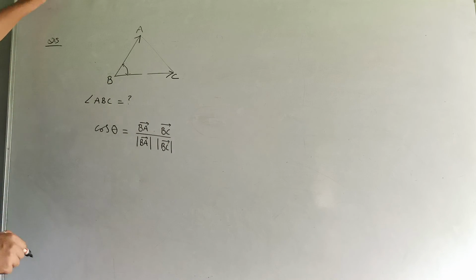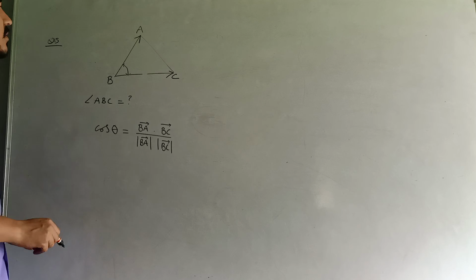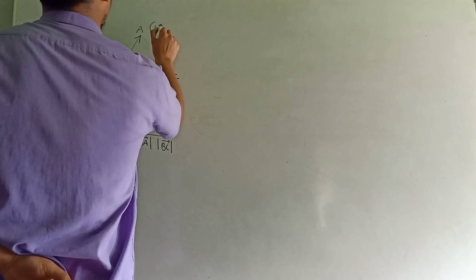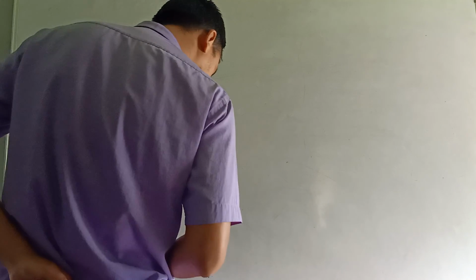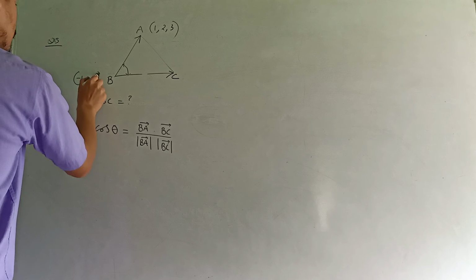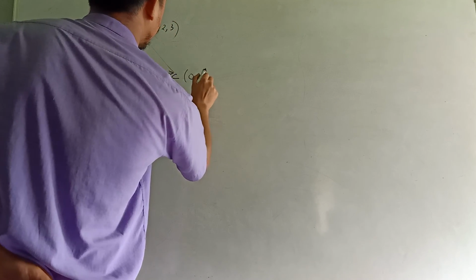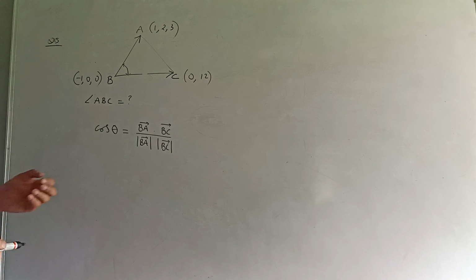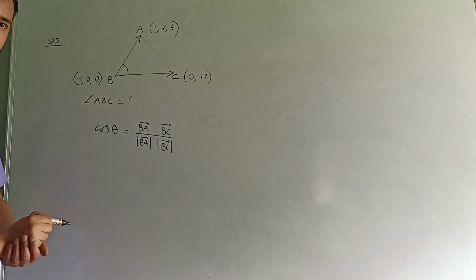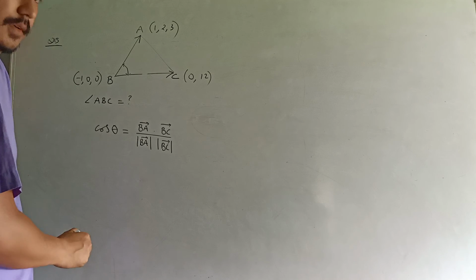Is it alright? Now what is your point A? The coordinate of A is 1, 2, 3. Coordinate of B is minus 1, 0, 0. And the coordinate of C is 0, 1, 2. So first of all, you need to find vector BA and vector BC, and then you find their magnitudes, right?